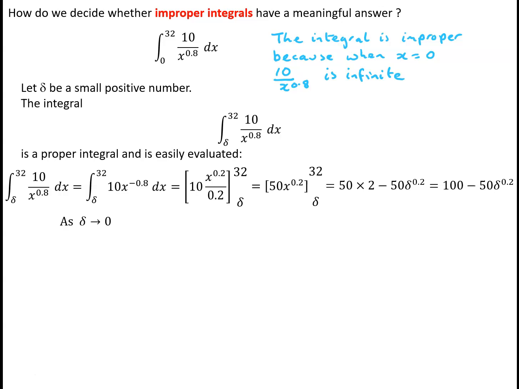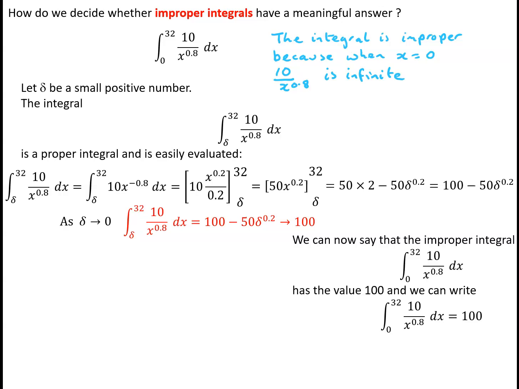Now, what I really want to do is push delta towards 0. If I let delta tend down to 0, then the value of the integral that we've got was 100 minus 50 delta to the 0.2, but as delta tends to 0, that's just going to tend to 100.